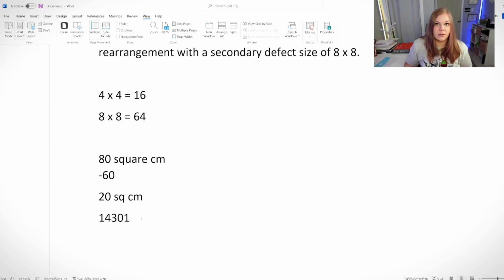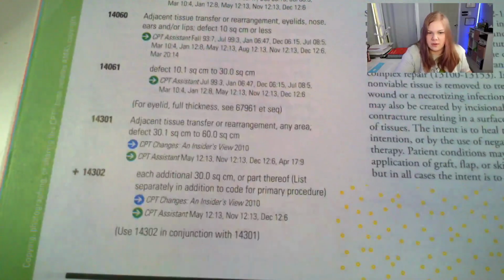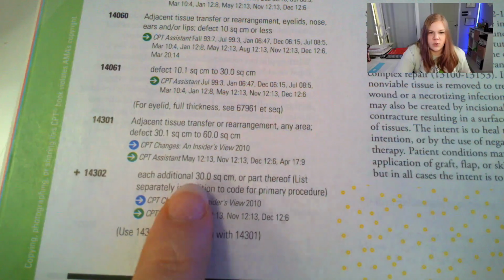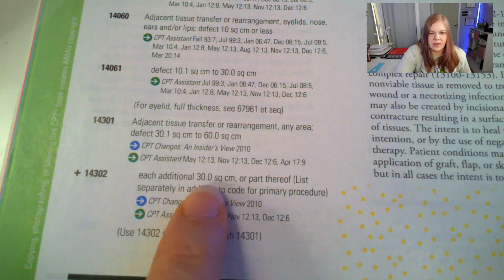It's the next 30 square centimeters or part thereof. So when we have a part thereof, it's also used. So we use the full 1 unit for that part thereof, even though we don't have a full 30. So that 20 square centimeters is going to be a part thereof of the next 30.